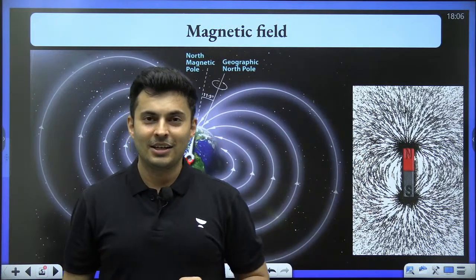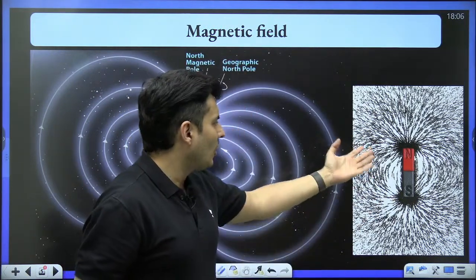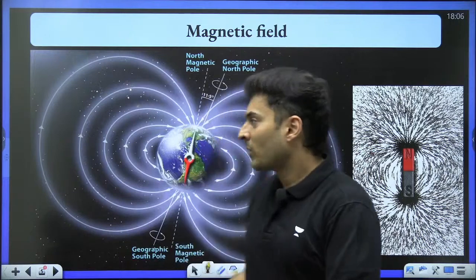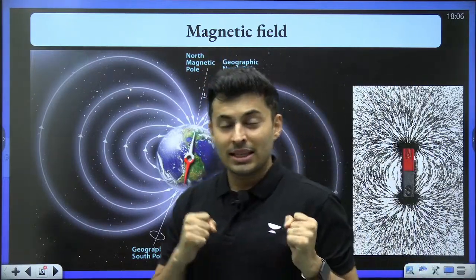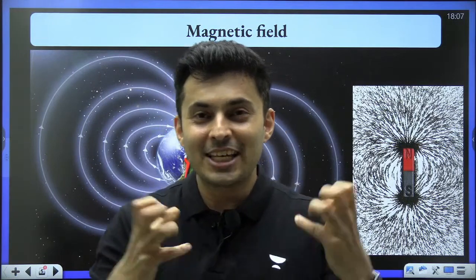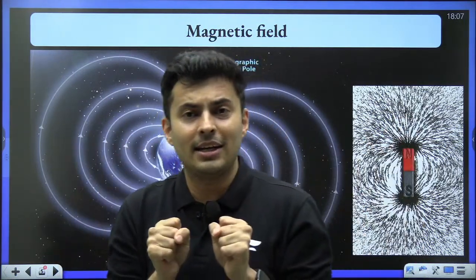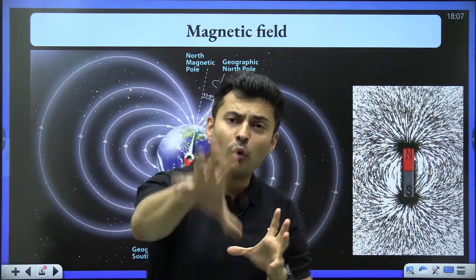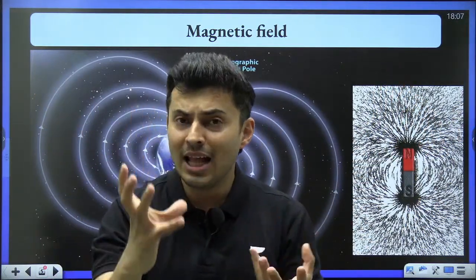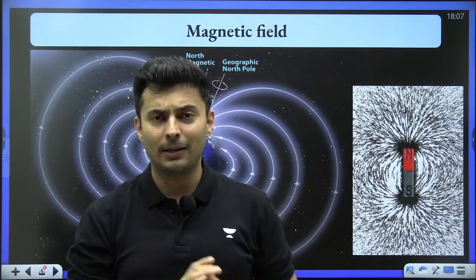Have you seen that? So obviously these objects like this bar magnet or the earth, they create something around it. That's something which can attract other magnets, can repel other magnets, can apply forces on magnetic objects. That is your magnetic field.